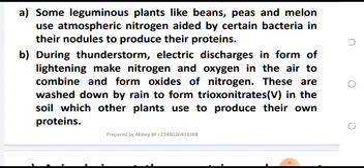Then what about thunderstorm? There's always an electric discharge in form of lightning during thunderstorm. This electric discharge catalyzes a reaction between nitrogen and oxygen in the air to combine. When they combine, of course, you are going to have oxides of nitrogen, like nitrogen(IV) oxide, nitrogen(II) oxide, like that.